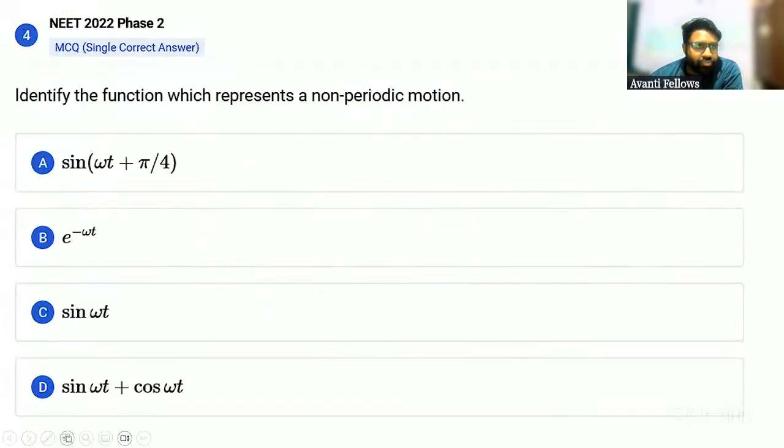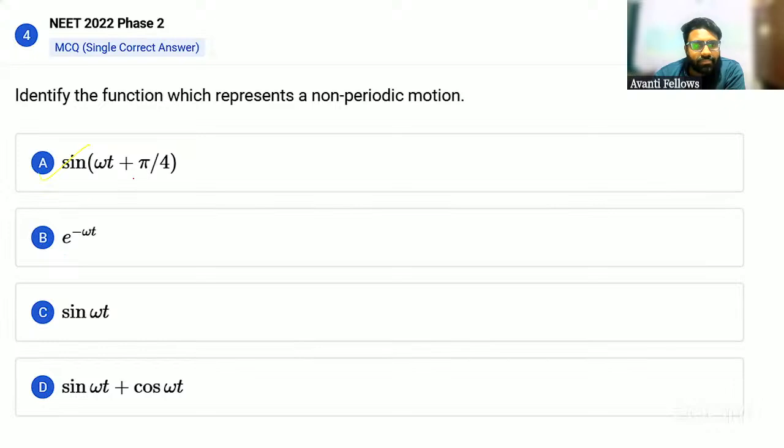Move on to the next question. Identify the function which represents a non-periodic motion. अब देखो जब भी कोई भी फंक्शन ट्रिग्नोमेट्रिक फंक्शन होगा साइन कोस का, that will always represent a periodic function. ठीक है? So in this expression, if you will see option A, this is sin omega t plus pi by 4.